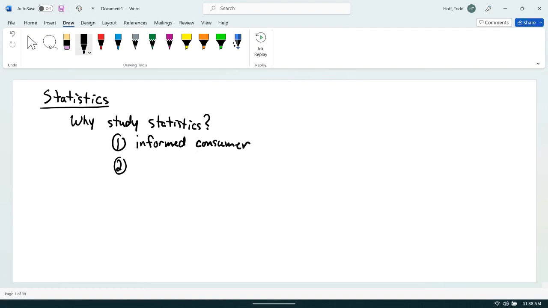Like it or not, statistics are all around us. Political advertisements are showing a 54% approval rating for this politician or whatever. Any advertising, any sales campaign is using statistics. 3 out of 5 medical professionals support this or whatever. And so understanding what those mean.